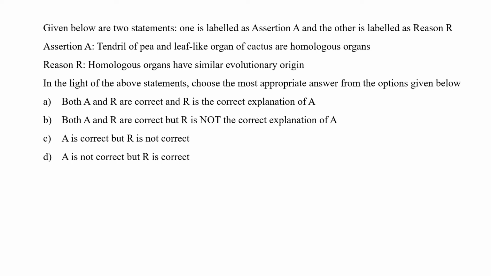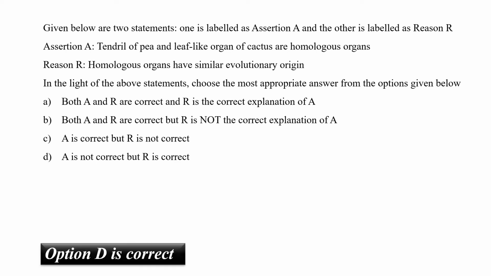The flattened stem-like structure called phylloclade has been modified into a fleshy succulent flat green structure which can perform photosynthesis and prepare the food similar to leaves. The cactus spines and the pea tendril, although quite different in appearance, are homologous because both of them are modified leaves but with different functions. So here the correct answer is A is not correct but R is correct. That is option number D.